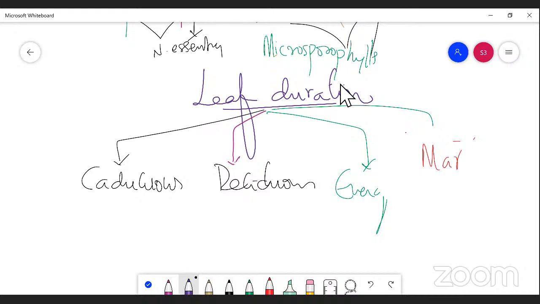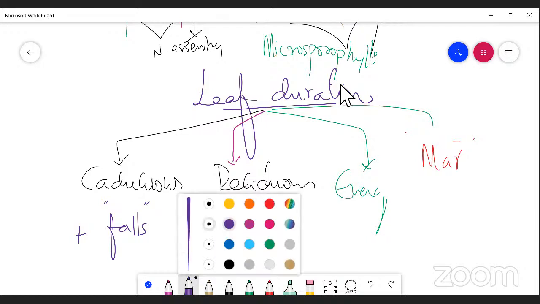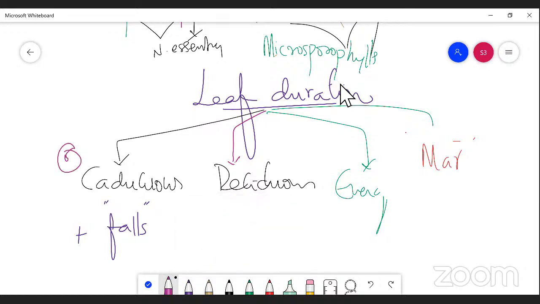Caducous means the leaves which fall very soon, before maturation, right? So that is called caducous. It is the falling of leaves soon after formation. Before attaining maturity, the leaves fall from the tree. That is called caducous. It is also known as the fugaceous type.